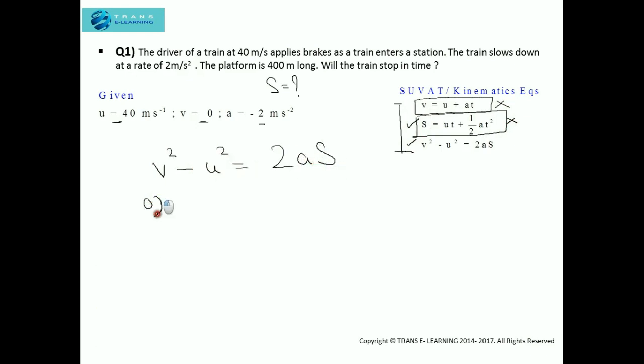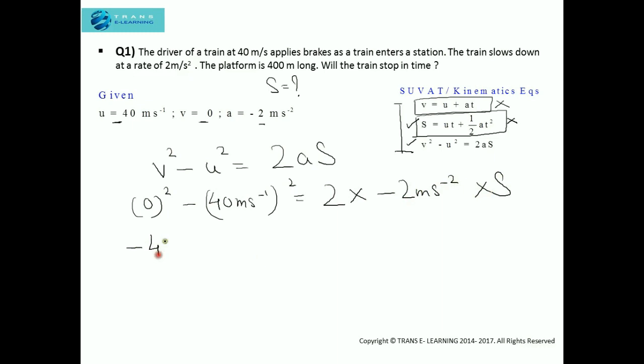So I will just put in the values: 0 square minus 40 meters per second square equals 2 into minus 2 meters per second square. So this will be minus 40 meters per second into 40 meters per second divided by 2 into minus 2 meters per second squared.